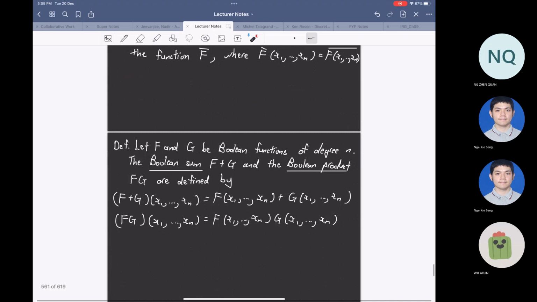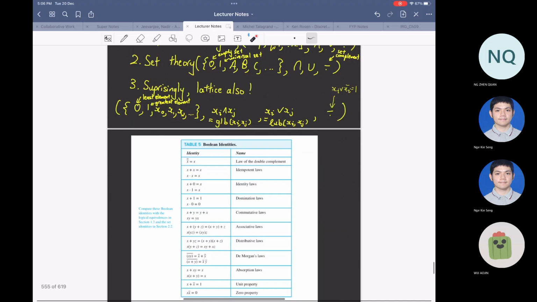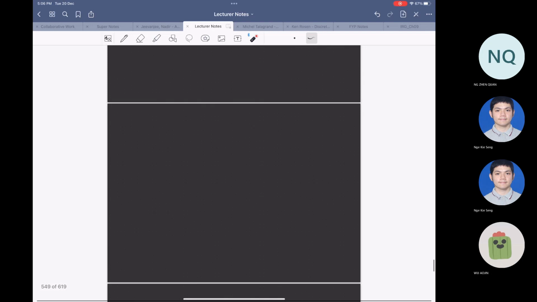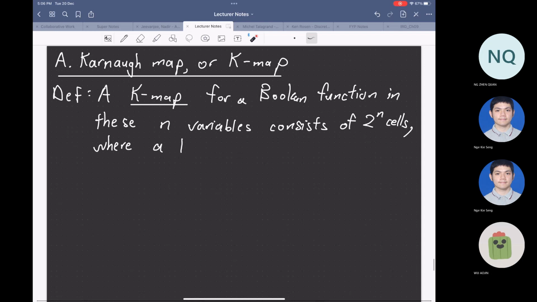Let's move back again. So a K-map for a Boolean function, which is also a Boolean expression, in these n variables consists of 2 to the power n cells. You need to build 2 to the power n cells. I haven't told you how to build it yet; I just say there are 2 to the power n cells first.